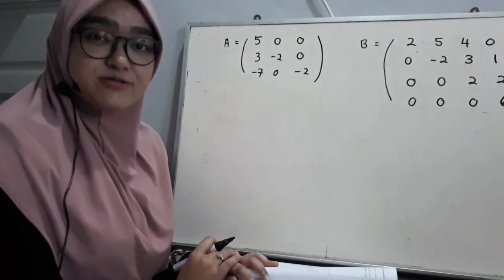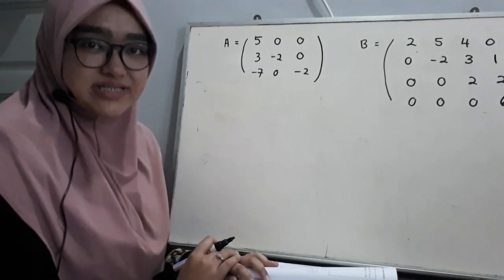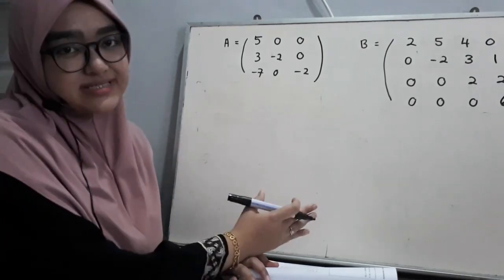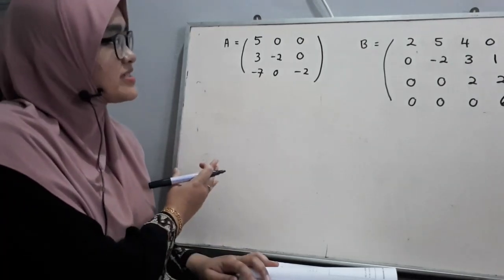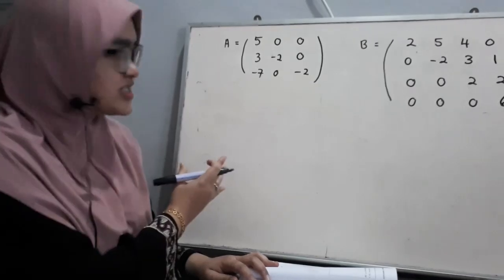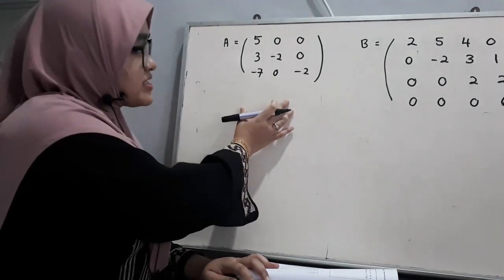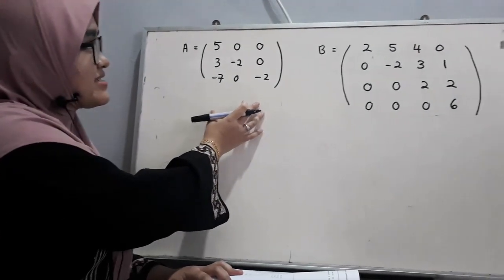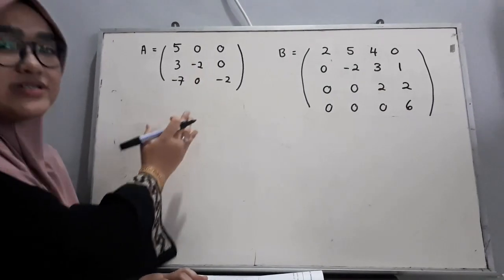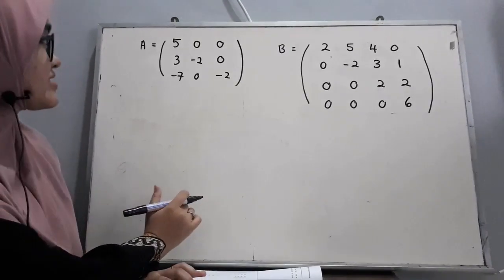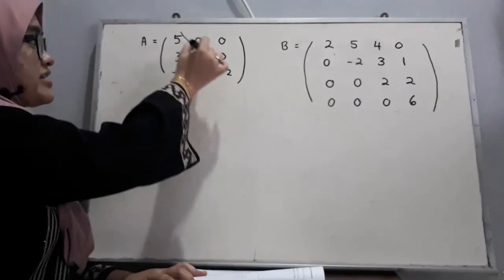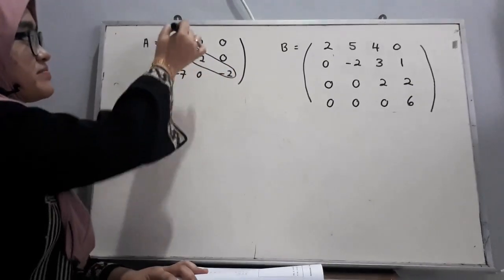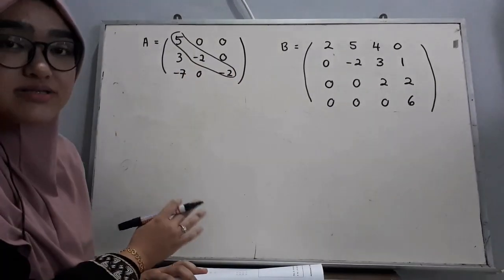For example, when we want to find the determinant of these matrices, first we have a 3 by 3 matrix. From the matrix, we can see that this is a lower triangular matrix. All the entries above the main diagonal are all zeros.